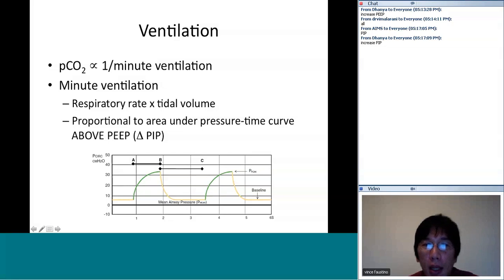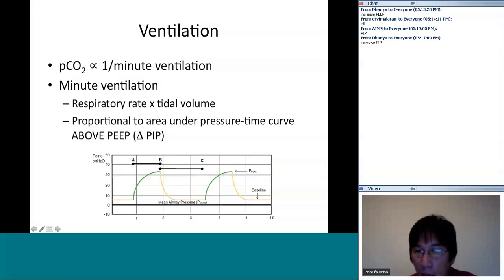Anything that's going to decrease your respiratory rate or your tidal volume is going to increase your PCO2. And again, graphically, your minute ventilation is proportional to the area under the pressure time curve above PEEP, or what we call delta P, which is the difference between your peak pressure or PIP and your baseline pressure, which is PEEP.